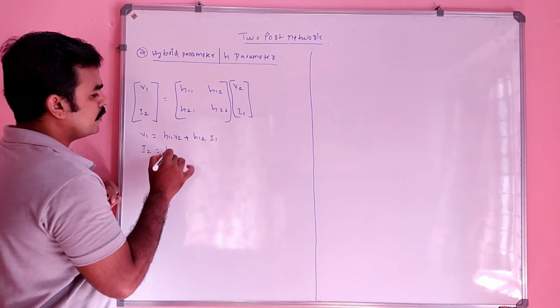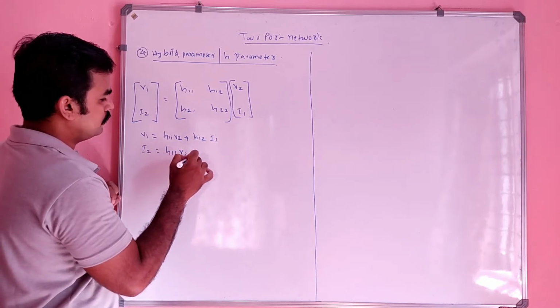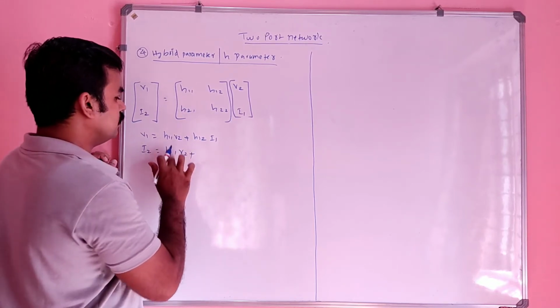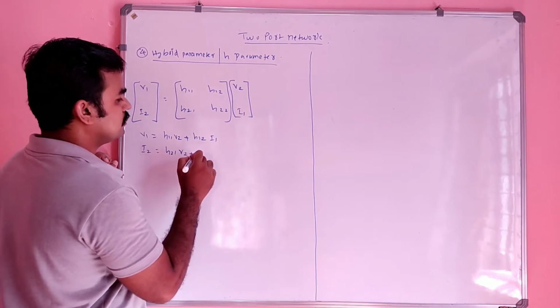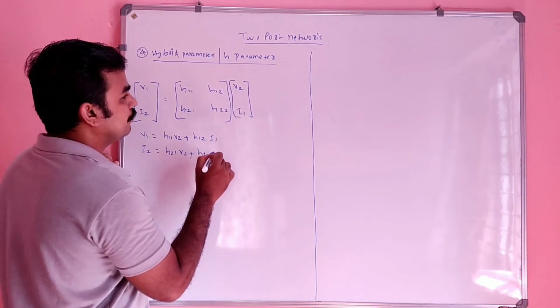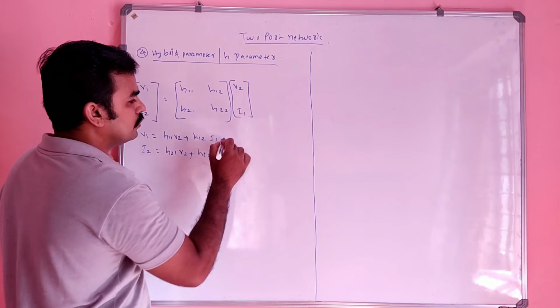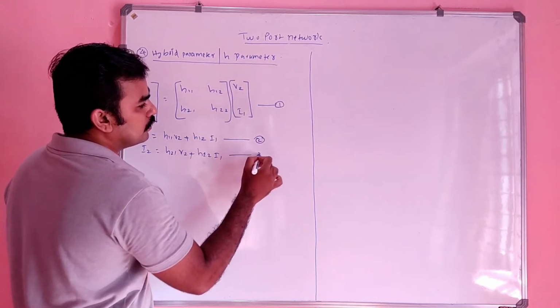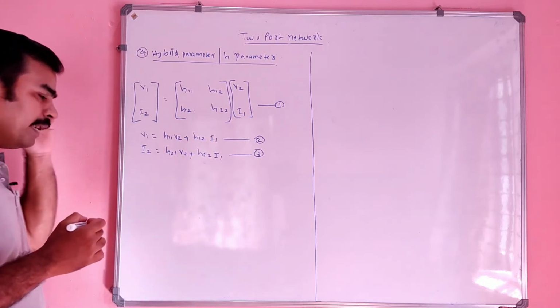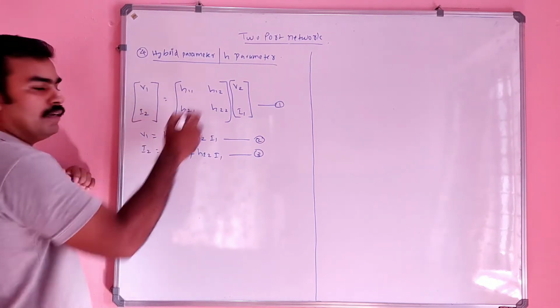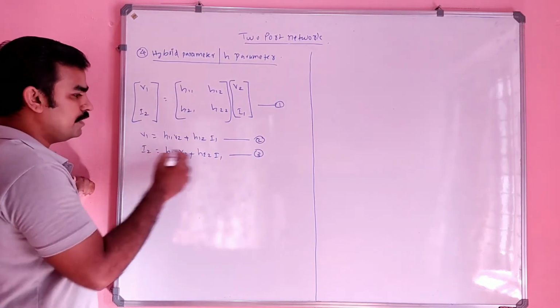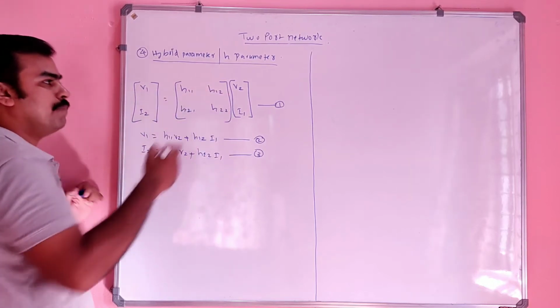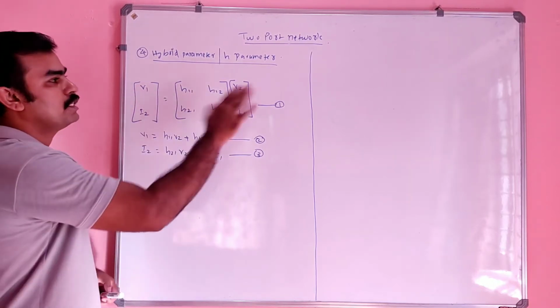And I2 equals H21 V2 plus H22 I1. Let these be equations 1 and 2. So this can be written like V1 equal to something and I2 like this. I simply expanded the matrix.